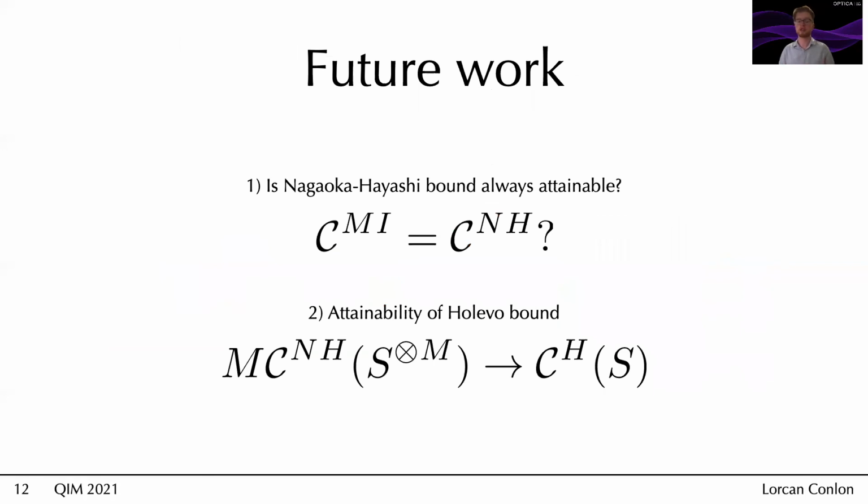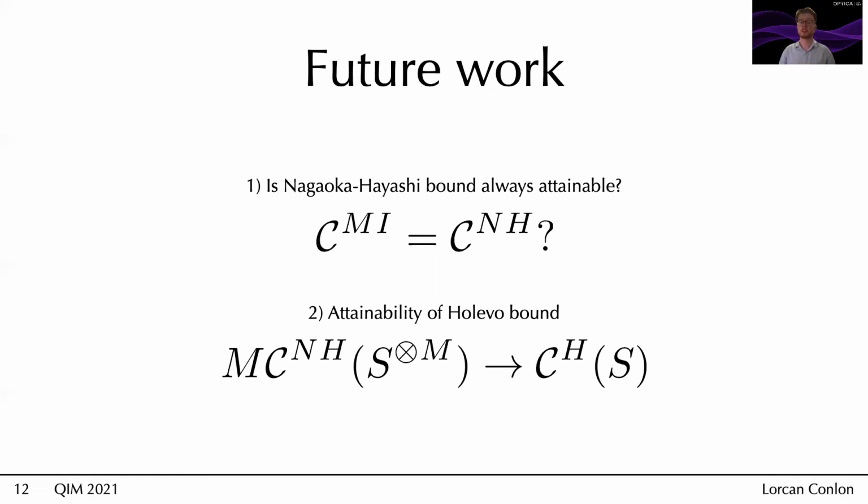I'll leave you with two very interesting possible avenues for future work. An obvious question is whether or not the Nagaoka-Hayashi bound is always attainable, i.e., can we always find a separable measurement scheme which reaches the Nagaoka-Hayashi bound? In the two examples that we have considered, we found this to be true, but it's not necessarily true from the way the bound is constructed.